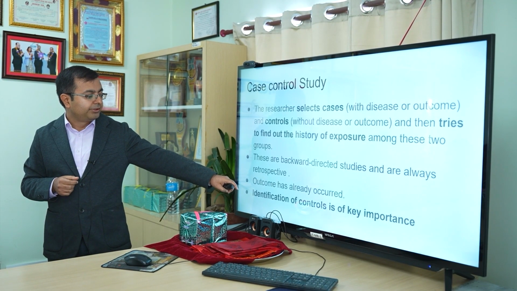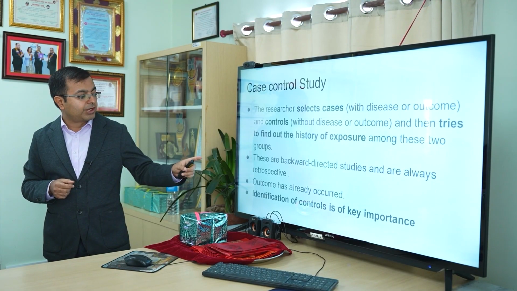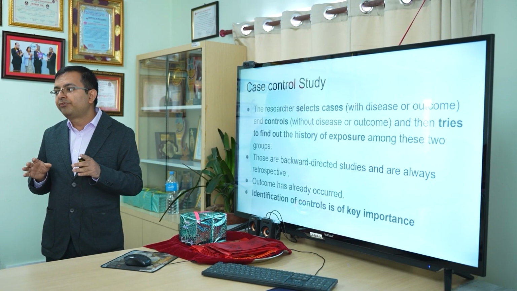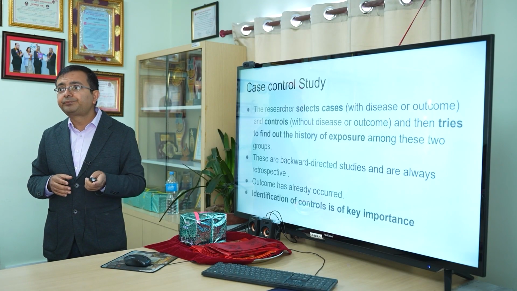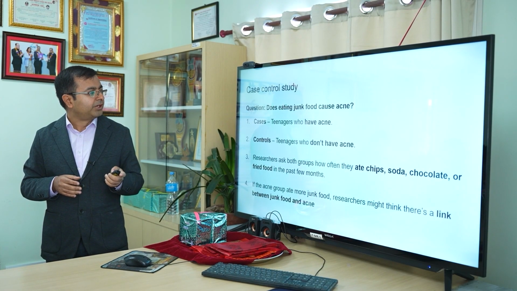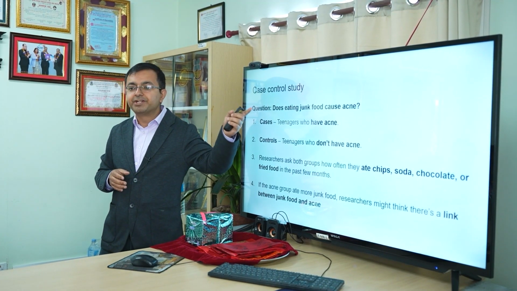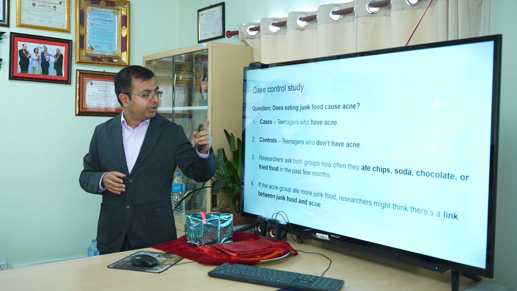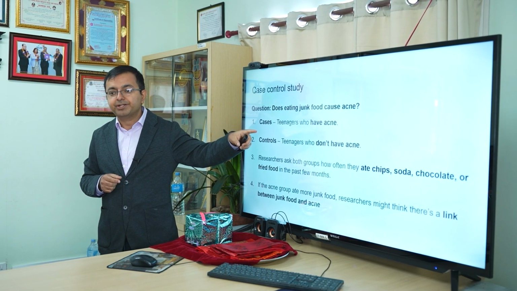The outcome has already occurred, and the most important thing in a case control study is the selection of the control arm. If your control is not good, this is not going to give a good result. For example, the research question is, does eating junk food cause acne? The cases are teenagers who already have acne.